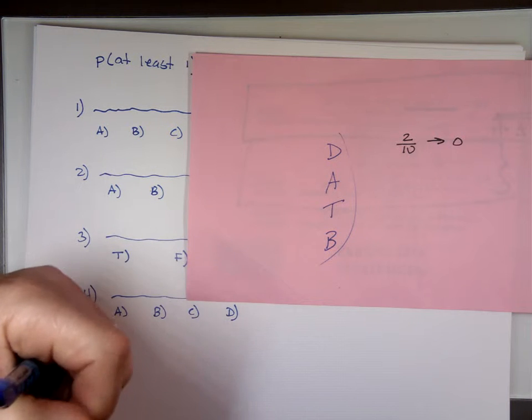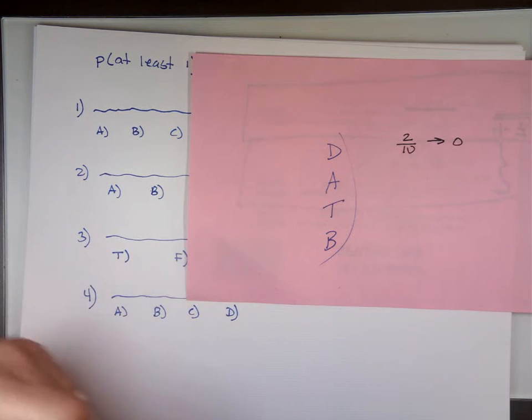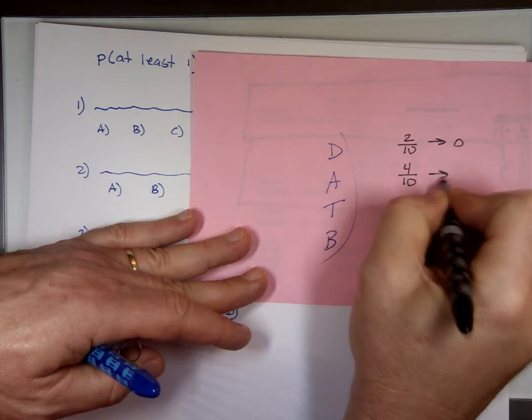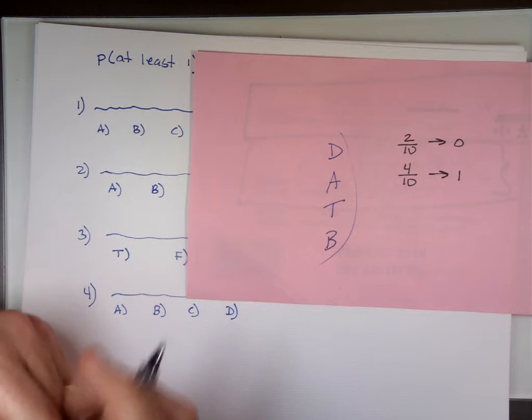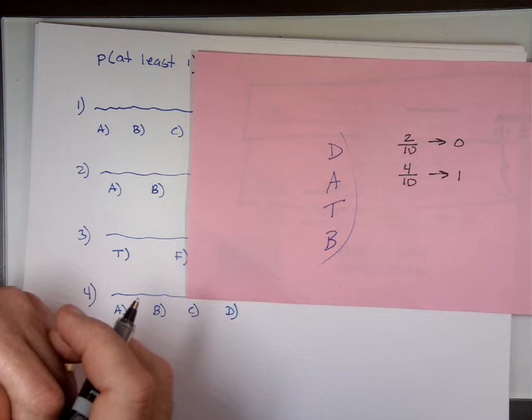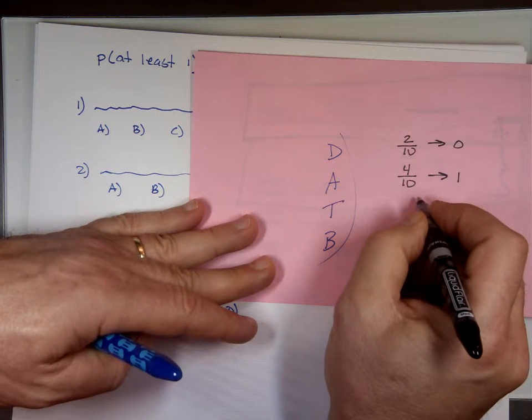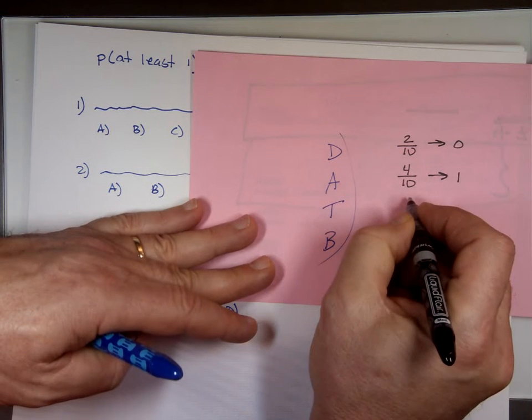How many people got 1 correct answer? 4 out of 10 got 1 correct answer. 2 correct answers. Yes, I forgot the 2. Sorry. We got 3.